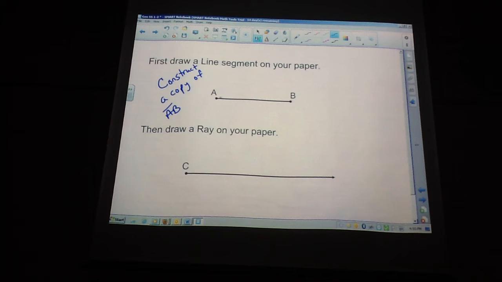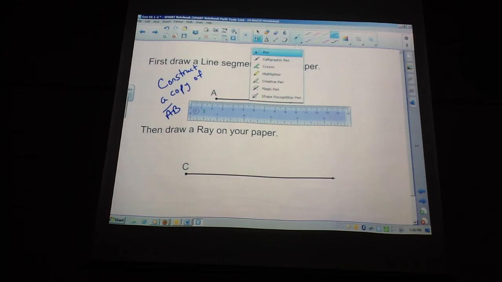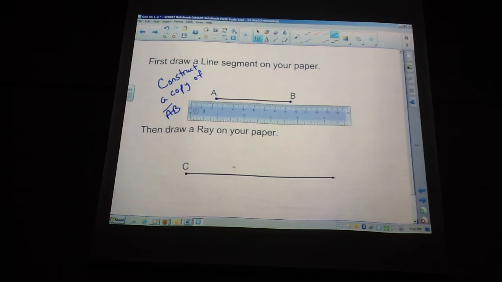So in your notes right now, hopefully you're maybe doing this in a notebook or Smart Notebook, go ahead and take your ruler out, and with your ruler mark a straight line, and then go back to your pen and put 2 endpoints on that segment and call it AB.